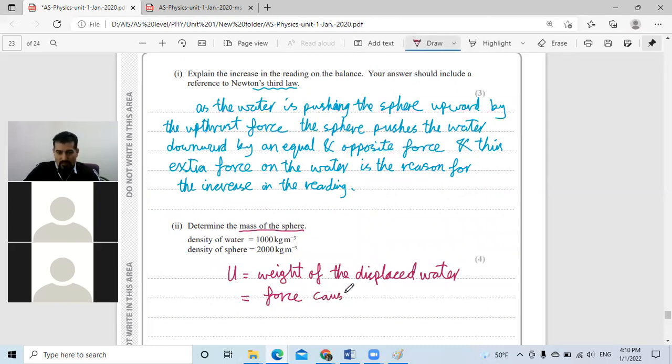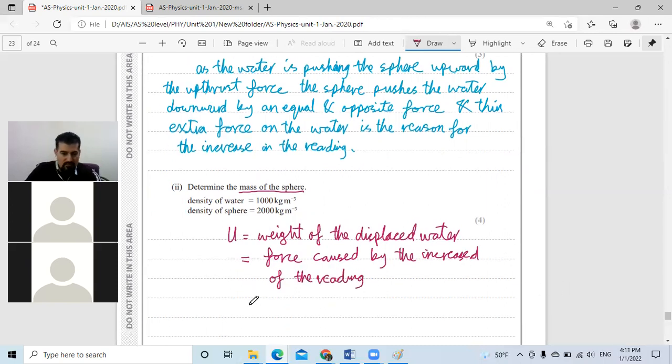Caused by the increase of the reading. طيب. So that means the upthrust is equal to, how much is the change in the reading?